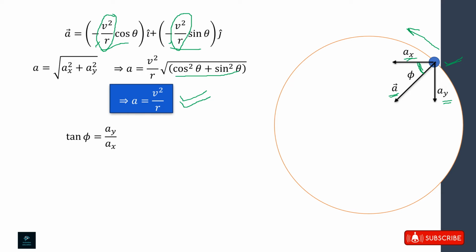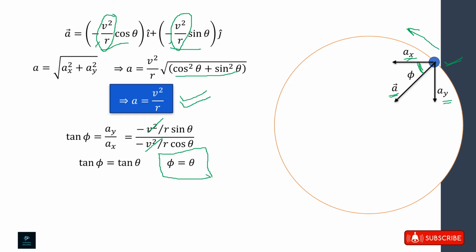Putting the value of ay by ax, we find that tan phi is equal to minus v square by r sin theta divided by minus v square by r cos theta. Minus v square by r cancels out. Sin theta by cos theta is tan theta. Therefore, tan of phi is equal to tan theta. This means that phi is equal to theta.